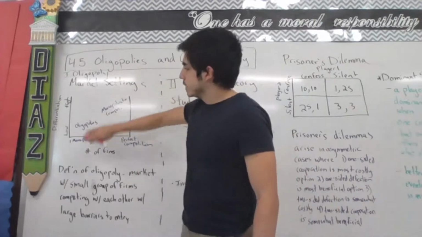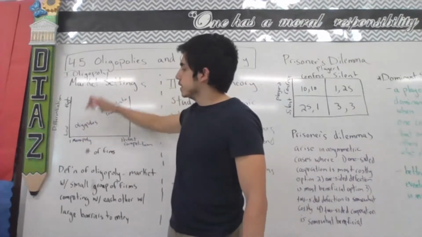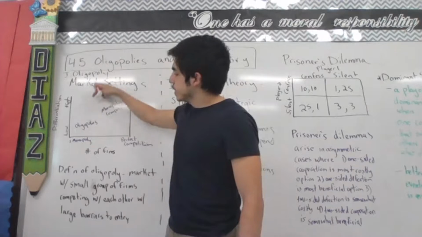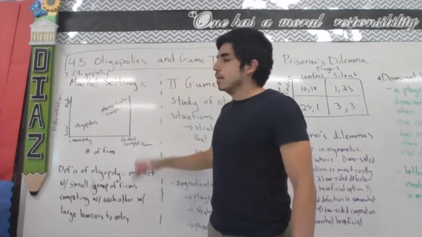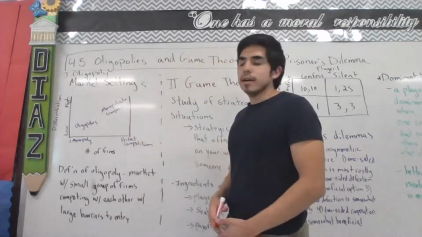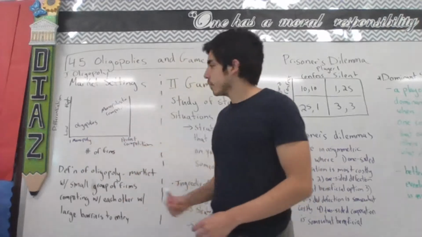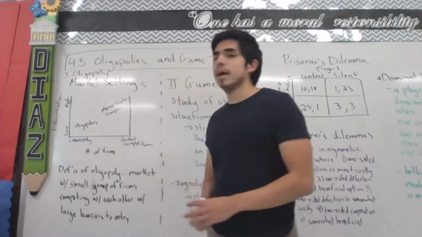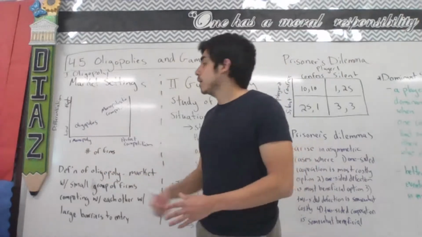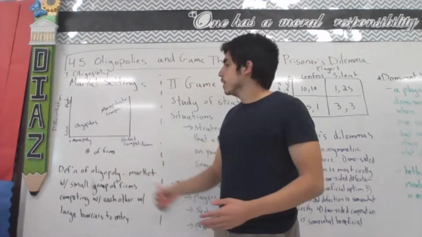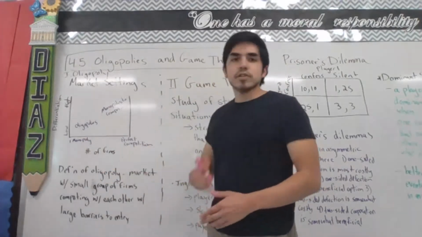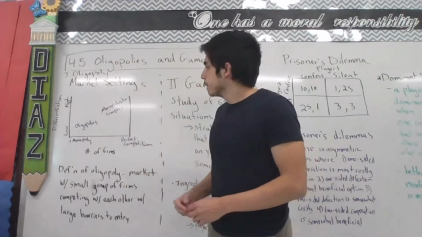On this other axis we can see differentiation, and we're talking about product differentiation. We can see very low differentiation because they're identical products. And then, of course, at the other extreme is a monopoly, right? The number of firms in that market is just one because it's a monopoly. And again, low differentiation because they're selling the same good.